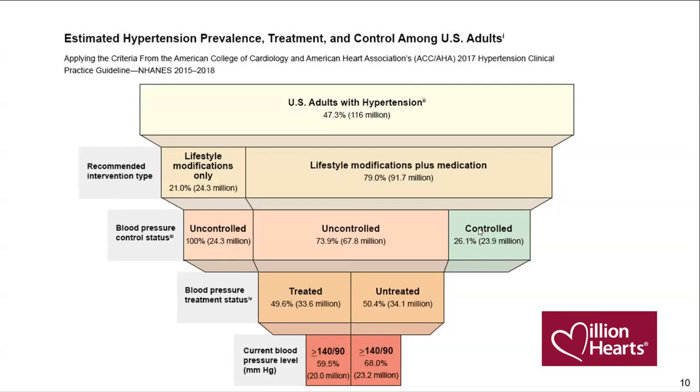When you look at whether people have blood pressure controlled, only about 26% of the population with hypertension does. About half of patients with hypertension are not treated at all. And the number of Americans who do not have blood pressure well controlled is about 40 million.